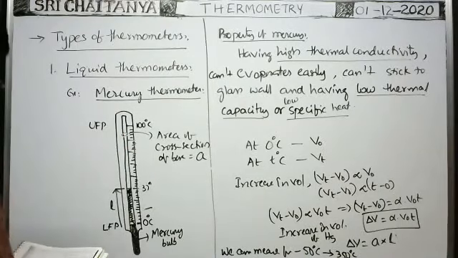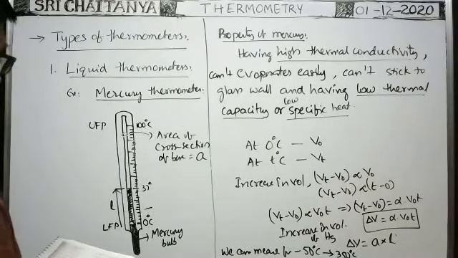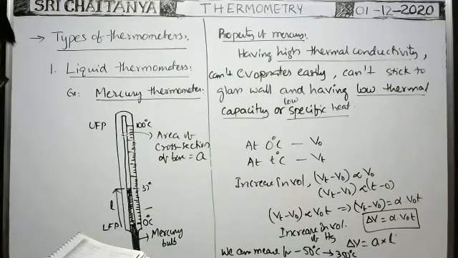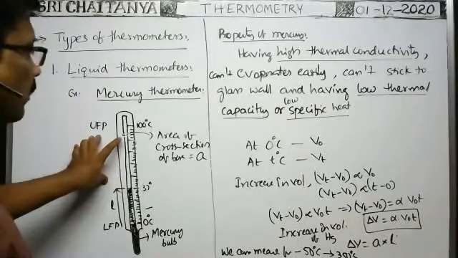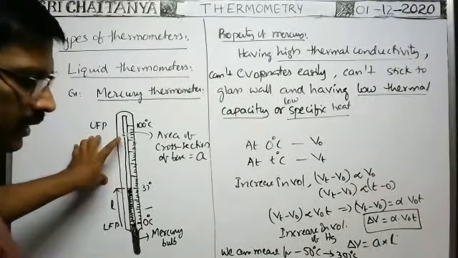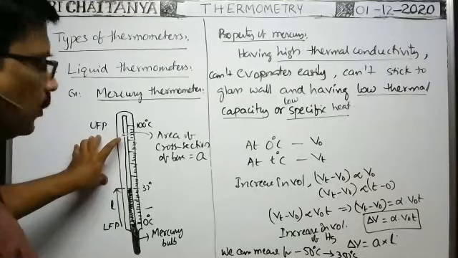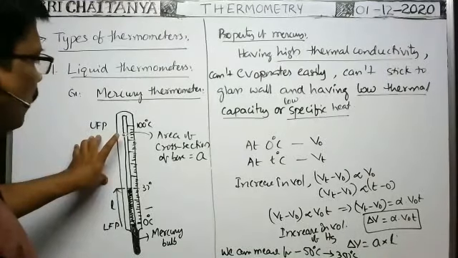Okay. Next, the alcohol thermometer is there. By means of the alcohol thermometer, we can measure temperatures from minus 80 to 350 degrees centigrade.